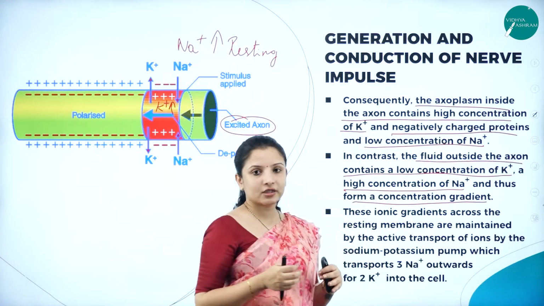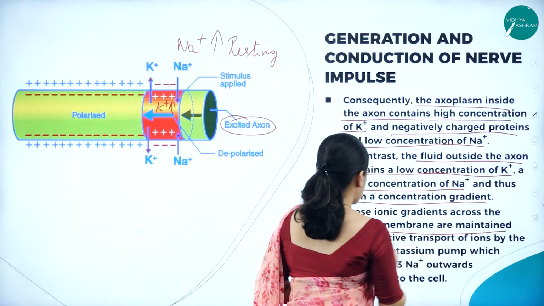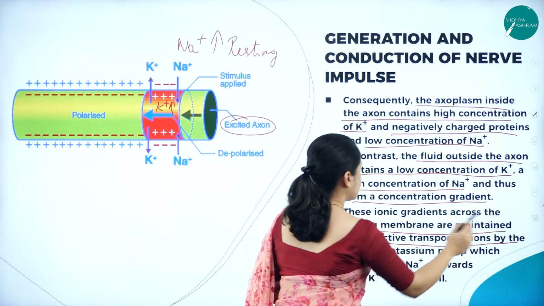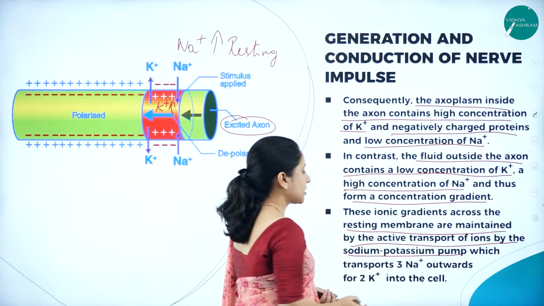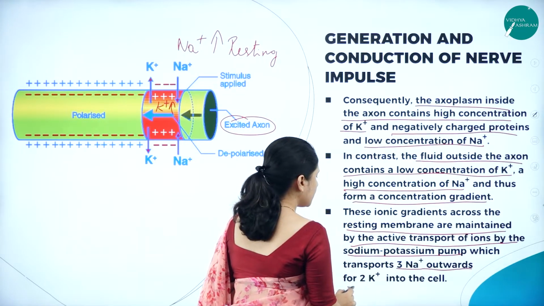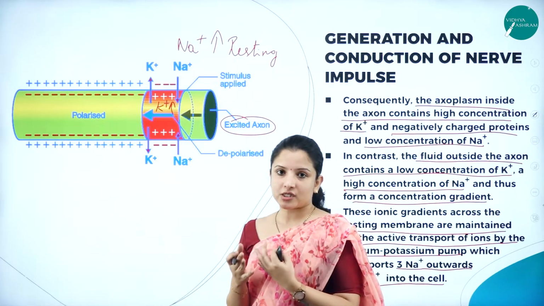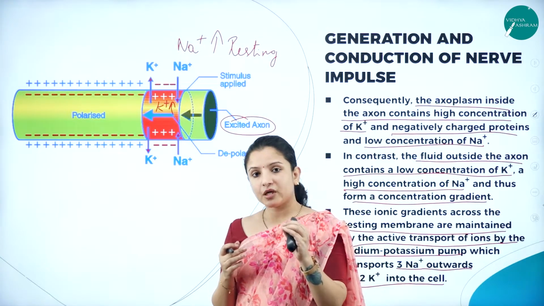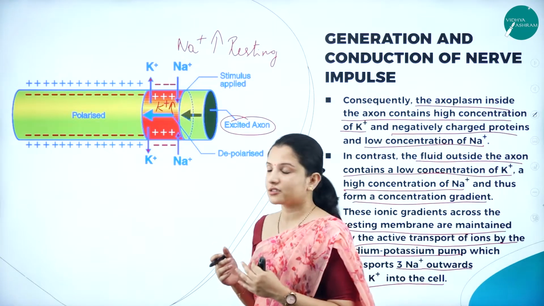These ion gradients across the resting membrane are maintained by the active transport of ions by the sodium-potassium pump, which transports 3 sodium outwards for 2 potassium into the cell. Now, how does this exchange take place? Because the membrane is permeable to some of the sodium, right? To very few sodium ions, it is permeable.